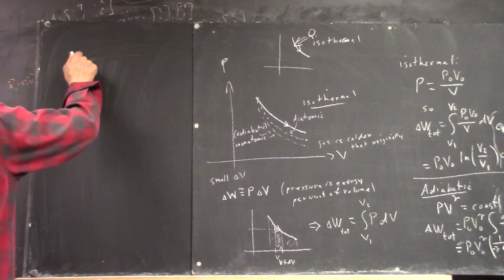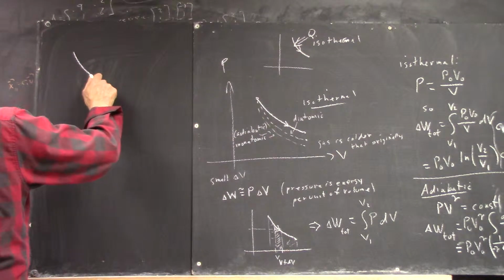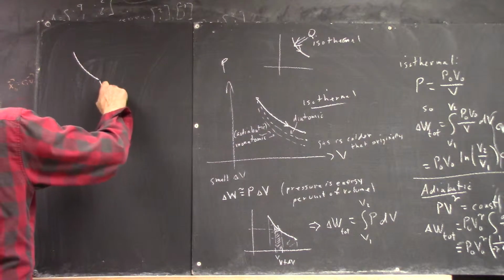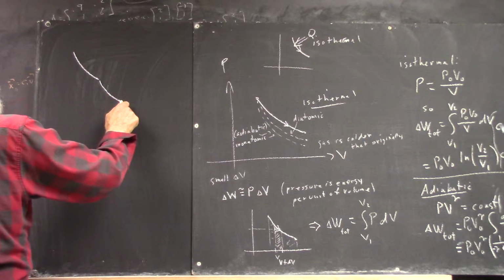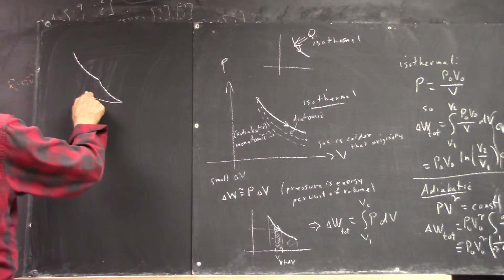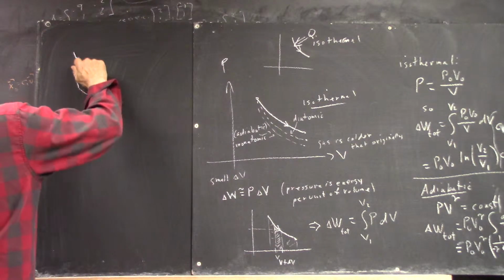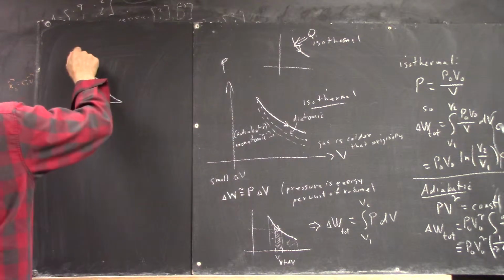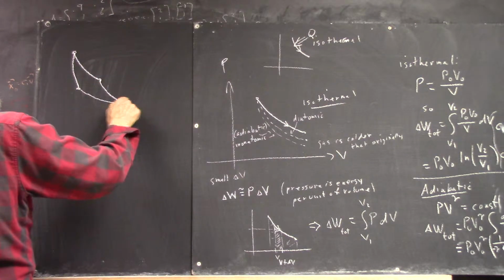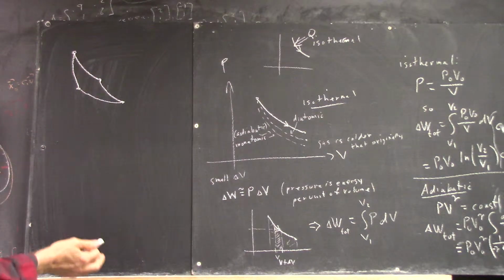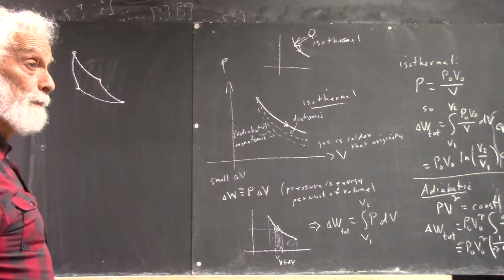Okay, so if we have a process that looks like this, can you tell which ones are adiabatic and which ones are isothermal?